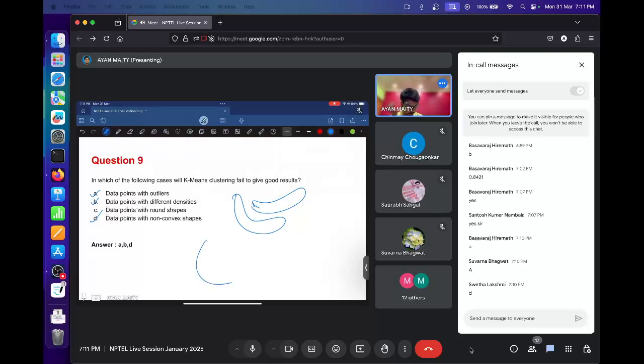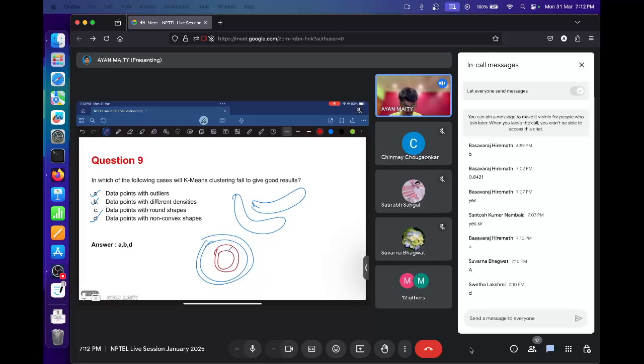Similarly, if the red one is one cluster and the green one is another concentric cluster, K-means clustering would not be able to do that because these clusters are concentric in nature. It would not be able to distinguish between these two clusters, but density based clustering algorithms and hierarchical clustering algorithms would be able to find these clusters.